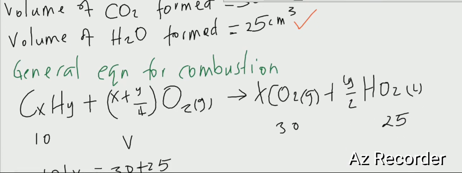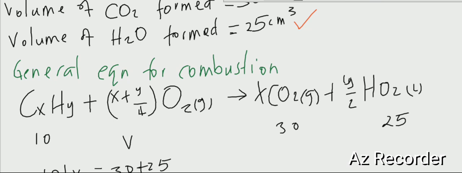Then from there we write our general equation for combustion of hydrocarbons. So general formula of hydrocarbon, CxHy, plus (x + y/4) moles of oxygen, which is a gas. We get x moles of carbon dioxide, which is a gas, plus y/2 moles of water, which is a liquid.